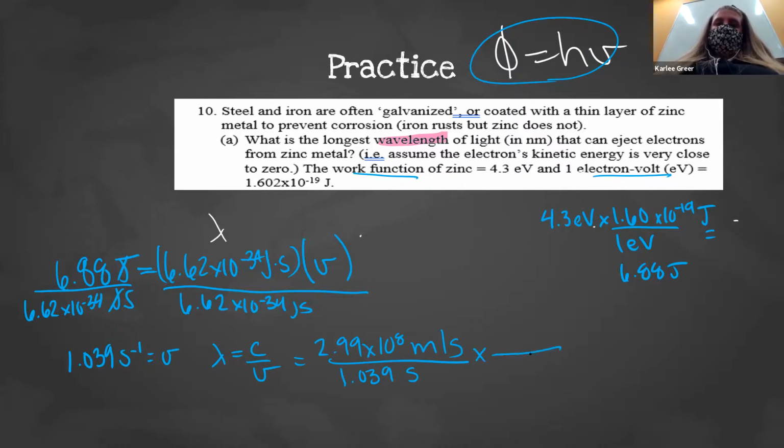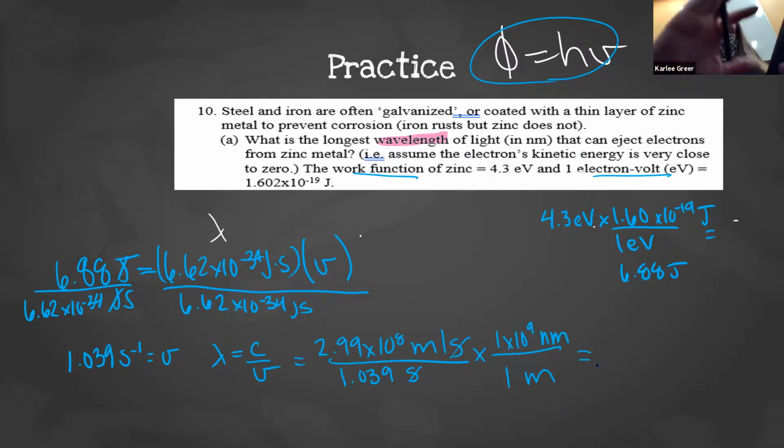So what we're going to do is these will cancel out here as well. I'm going to say that for every 1 meter, I need 1 times 10 to the 9th nanometers.